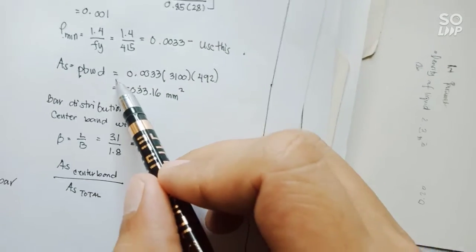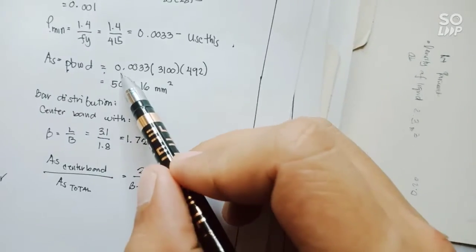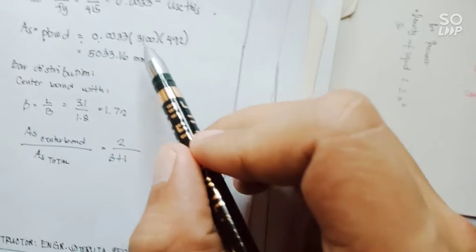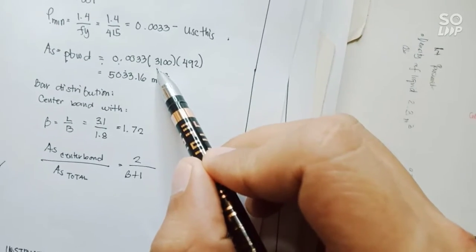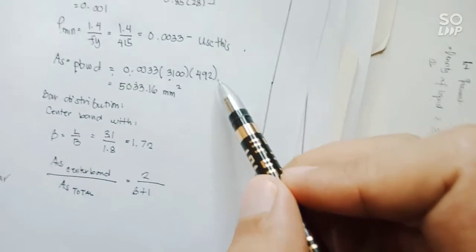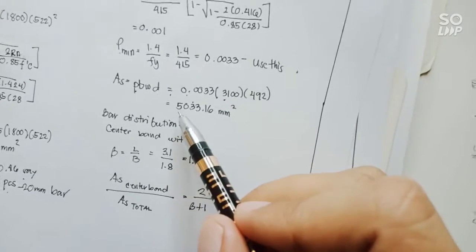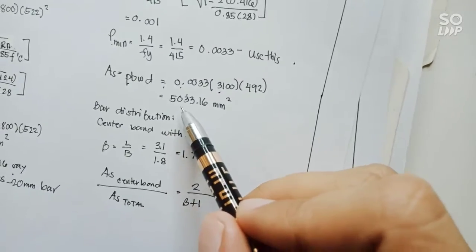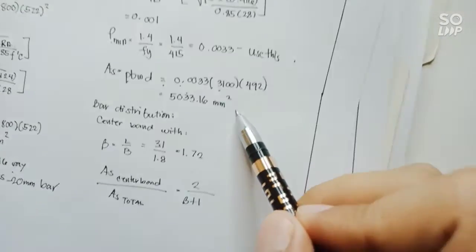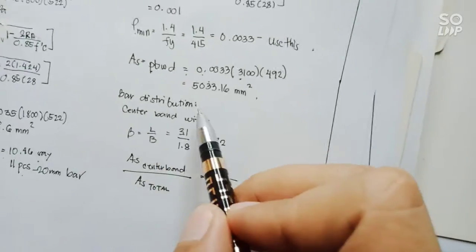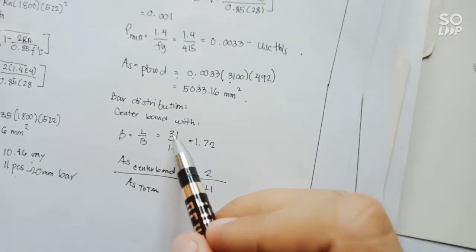So it equals the rho min 0.0033 times the width 3,100 times 492. So our area of the steel reinforcement is 5,033.16 millimeters squared.